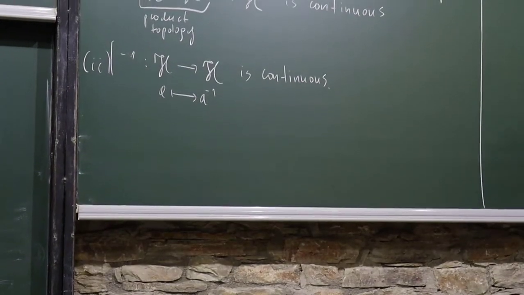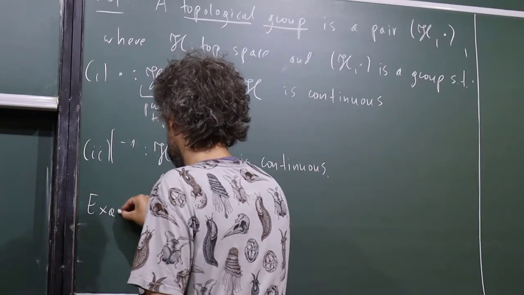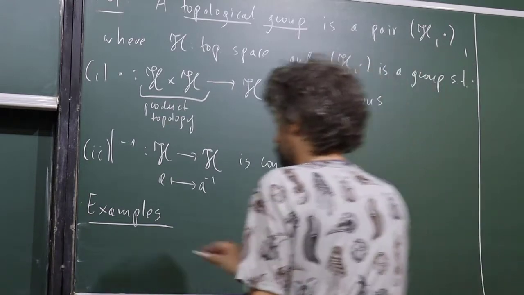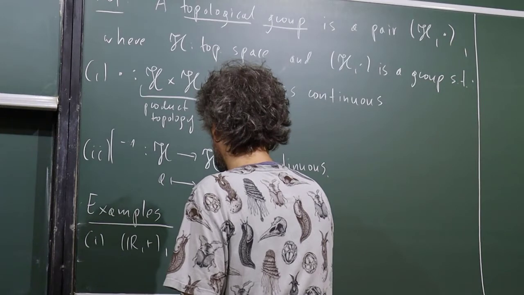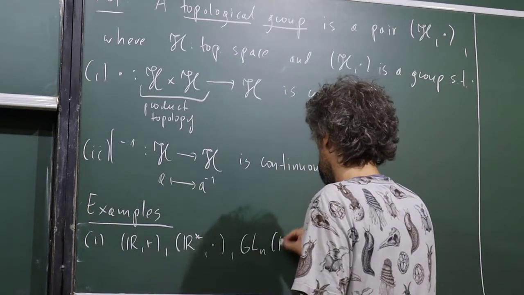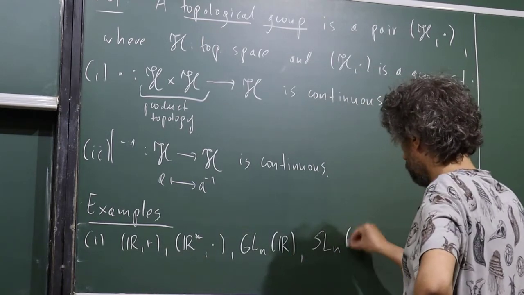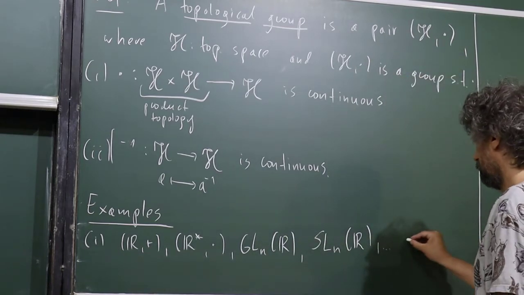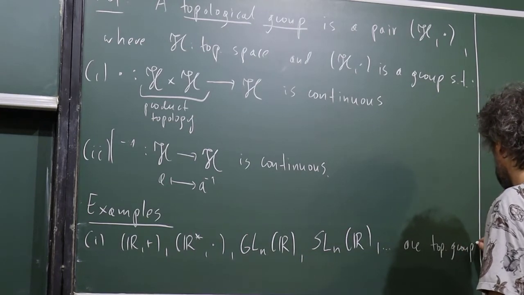So let's see examples, things we know, most natural, like R plus, invertible elements with times. These things we looked at in the course about linear groups are topological groups.